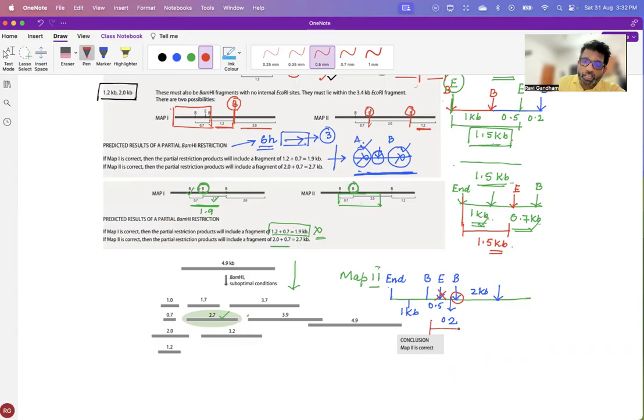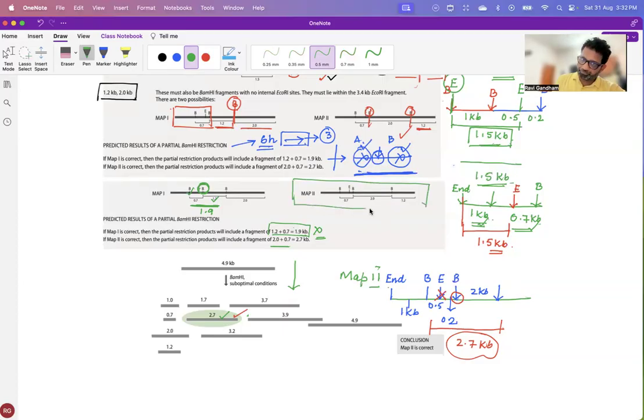So these two together yielded a product of around 2.7 kb, and that is clearly visible in this fragment highlighted in green. So this shows that your map 2 is correct. Finally, we say that yes, this map 2 restriction mapping is the correct restriction mapping for our digestion.